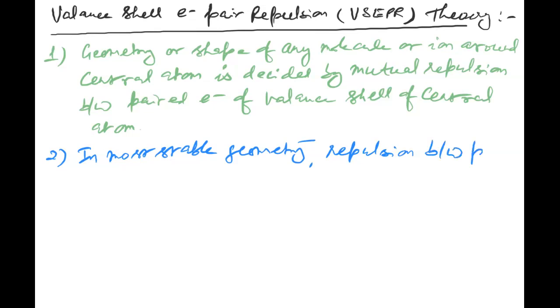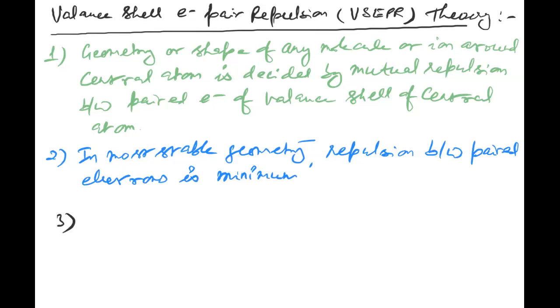So in the most stable geometry, repulsion between paired electrons is minimum.